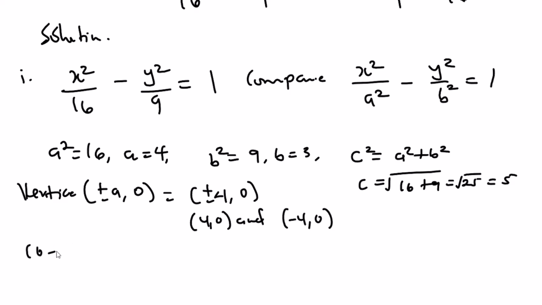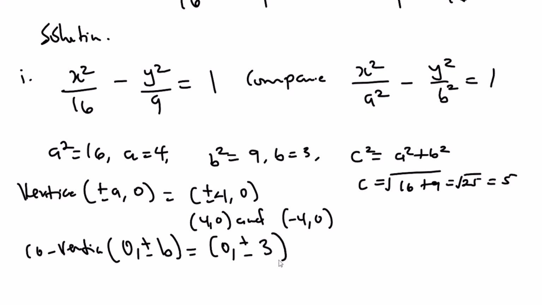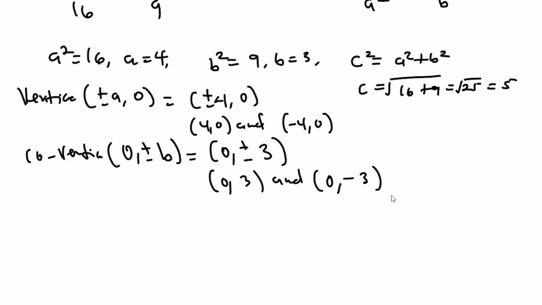Then the co-vertex will be 0, plus or minus b. So the co-vertex is on the y-axis. So we're going to get 0, plus or minus 3. It is the same as (0, 3) and (0, negative 3). Alright, so those are the vertices.